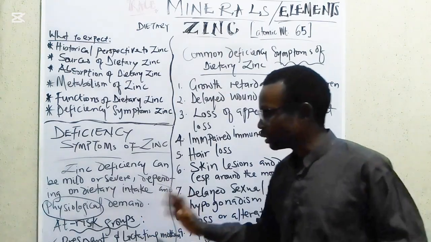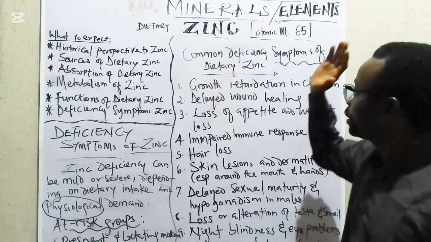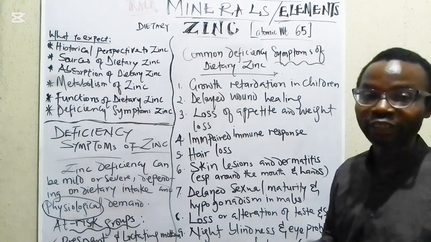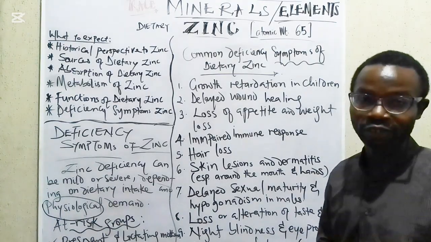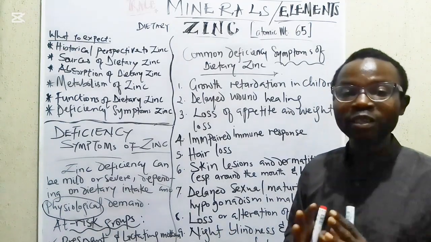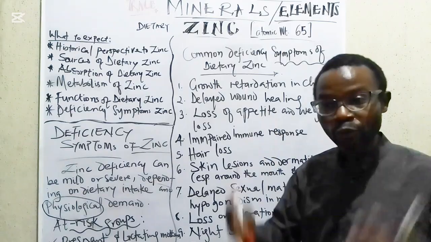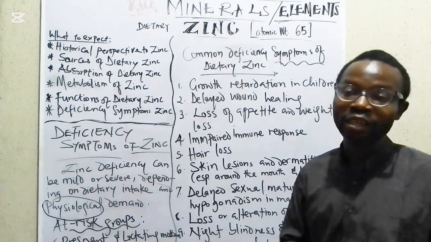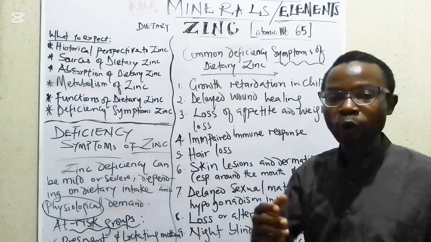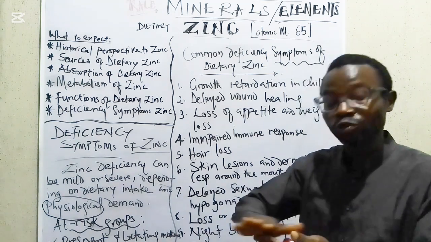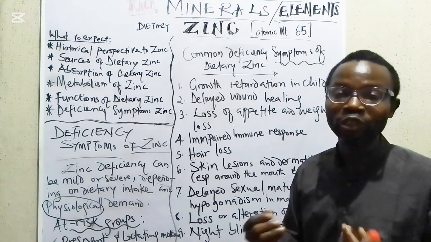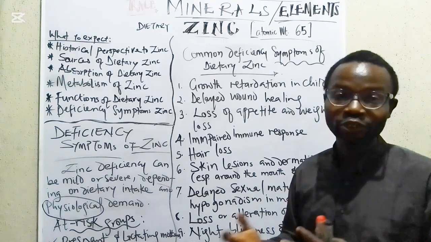Now, the common deficiency symptom is growth retardation, or retarded growth. We talked about it historically that it was found out that in places like the Middle East, where they eat, even till now, a considerably good quantity of unleavened bread that is usually flat, children born there usually have retardation in growth.